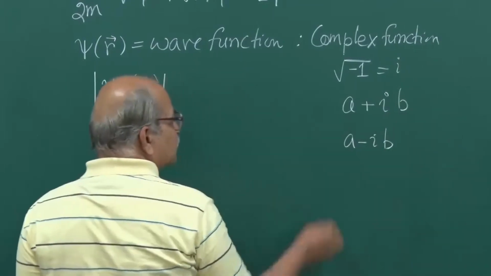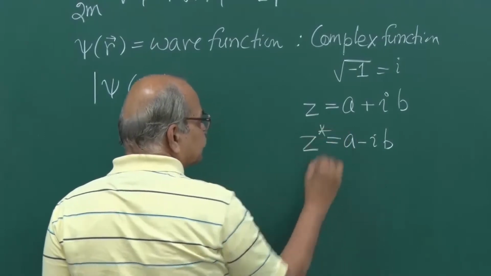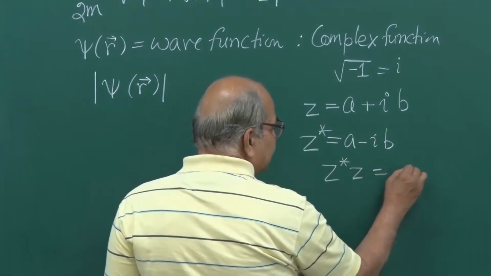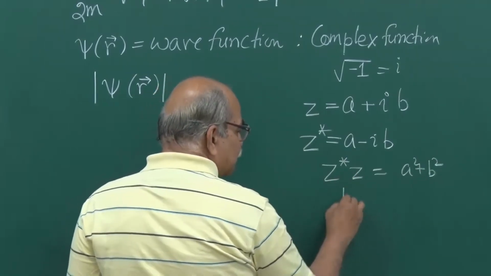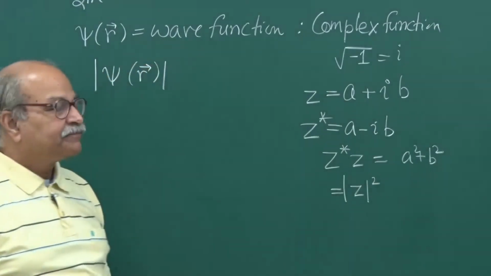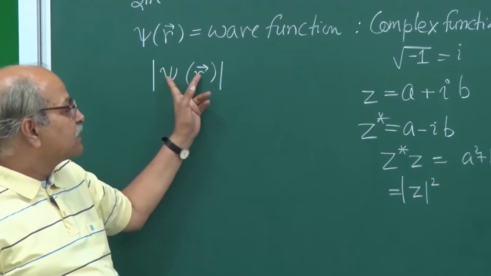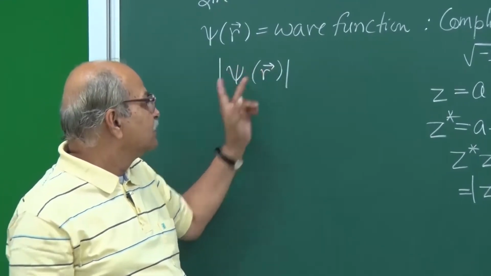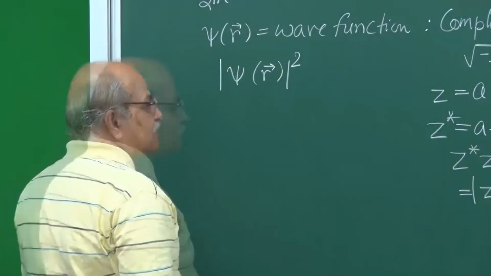This is called the complex conjugate. If this thing is Z, this thing is written as Z star, and if you multiply Z star into Z, that will be A square plus B square, and this is known as mod Z square. So it is essentially the same thing. If you have this psi, it could be complex, take the complex conjugate, multiply by it, and this whole thing is mod square of psi(r).